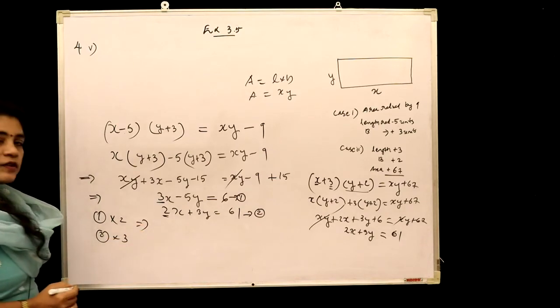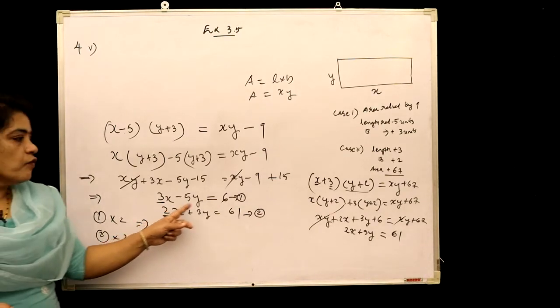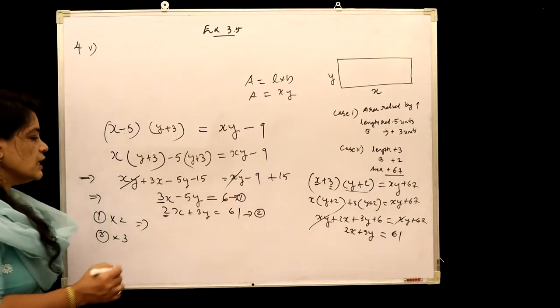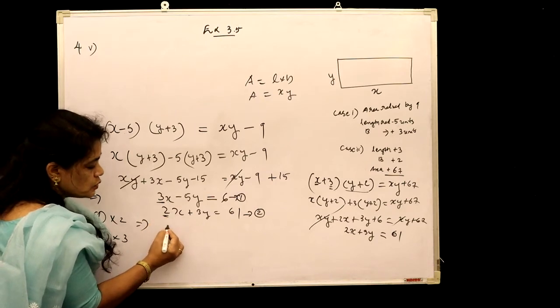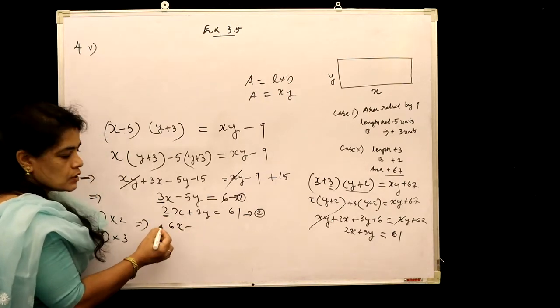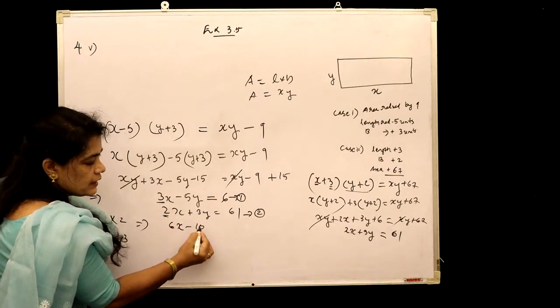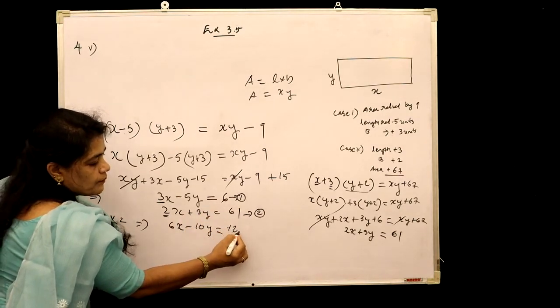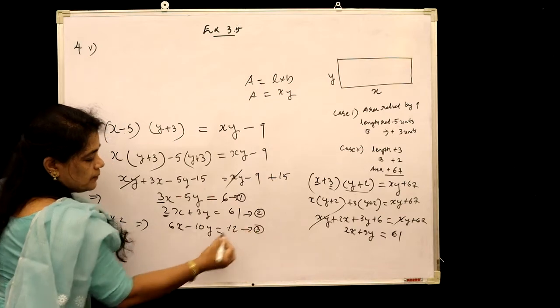So we are first multiplying equation 1 by 2, all the terms. So 3x into 2 is 6x, minus 2 into 5 is 10y, and 2 into 6 is 12. This is equation number 3.